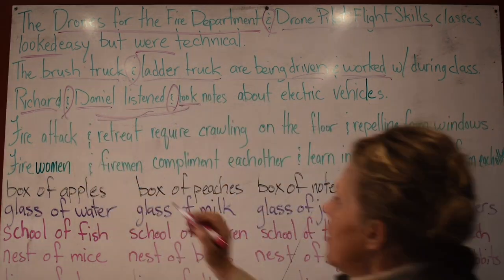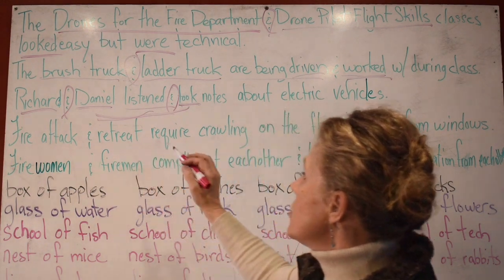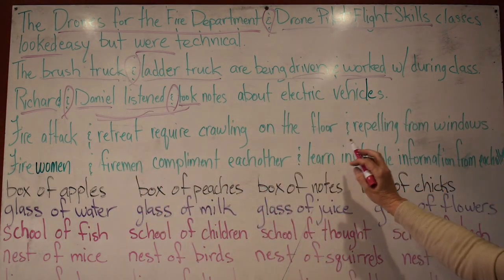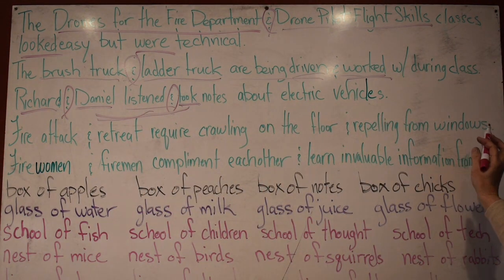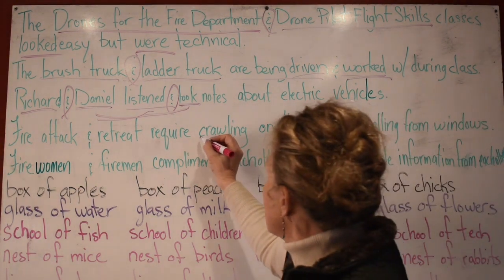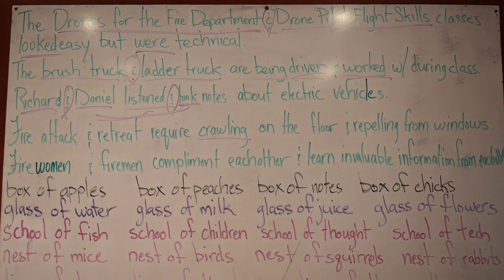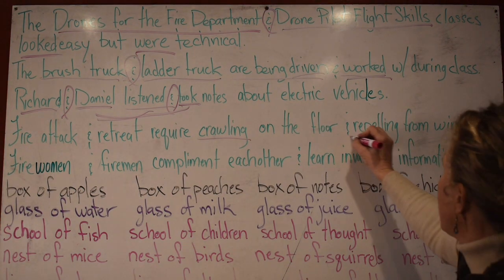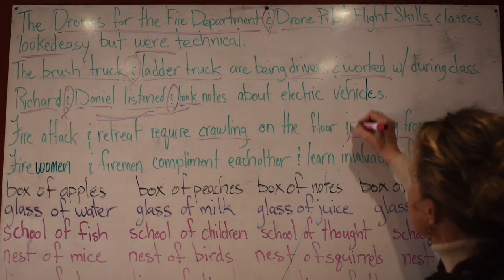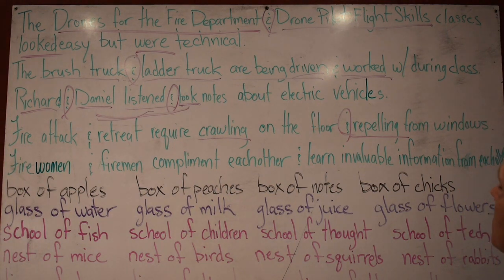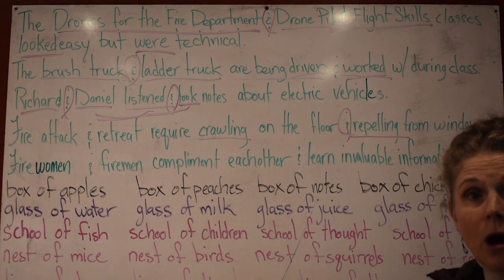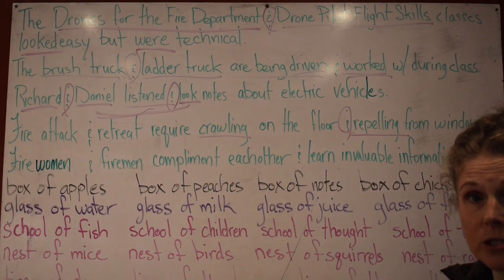Fire attack and retreat require crawling on the floor and repelling from windows. What is your compound simple predicate? Okay, crawling. Repelling. Okay, so there is your coordinating conjunction. And what is your compound simple subject?